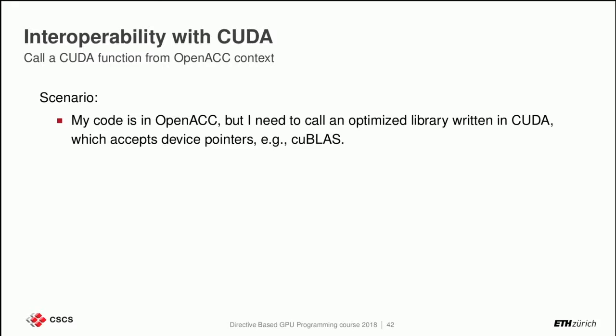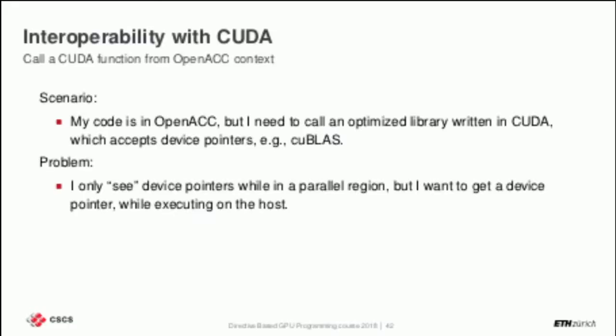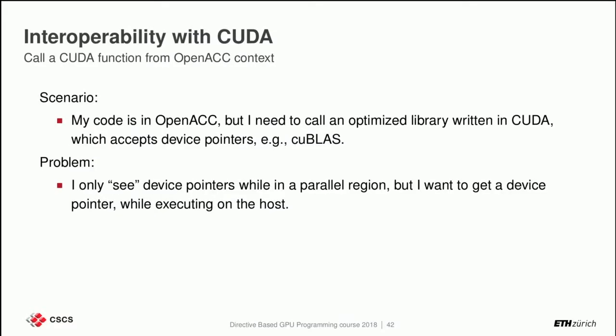To achieve this, the problem comes back to what we discussed a bit before: a variable in an OpenACC program can refer either to the device copy of the variable, or the device pointer if it's an array, or to the host. But this only happens inside a parallel or kernels region.